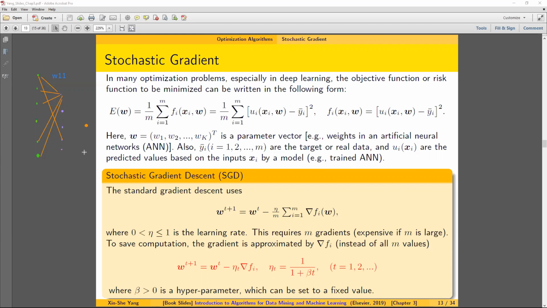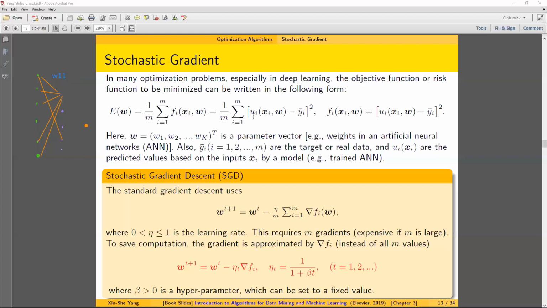Now you know, y average versus some sort of linear combination of xi and w. W is indeed these weights.